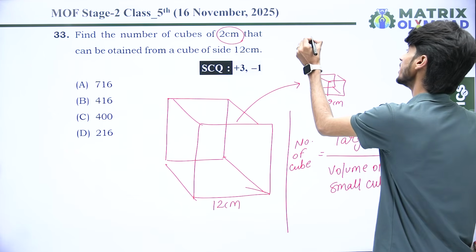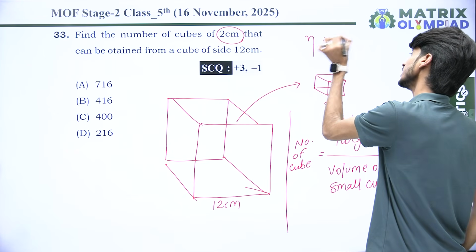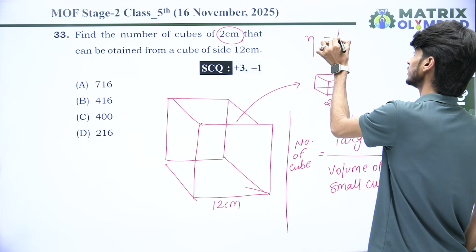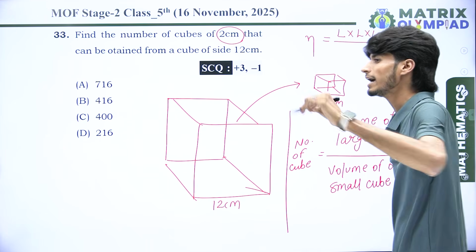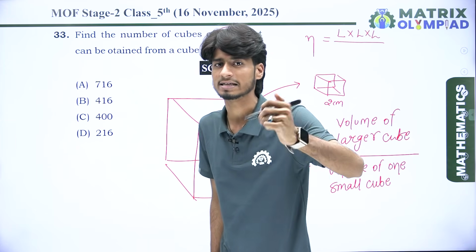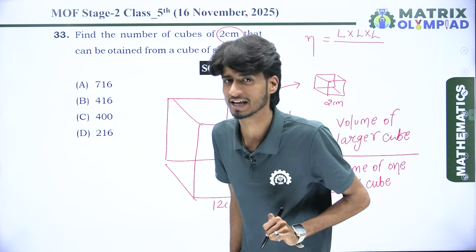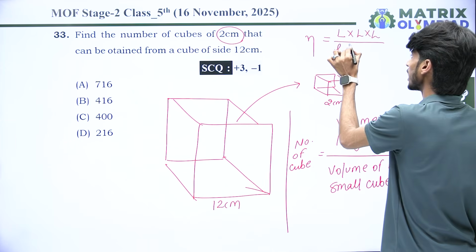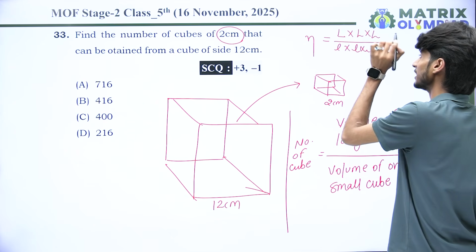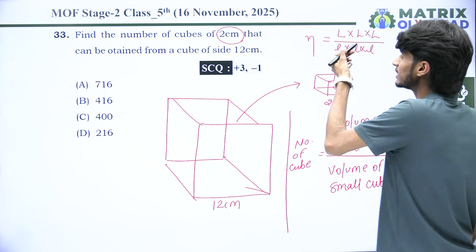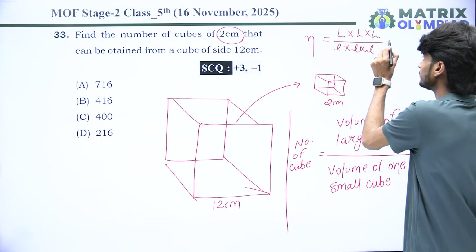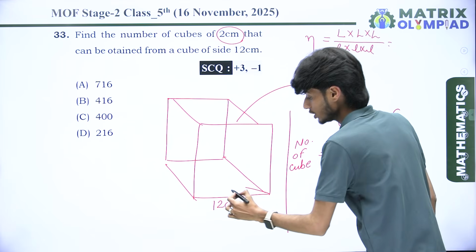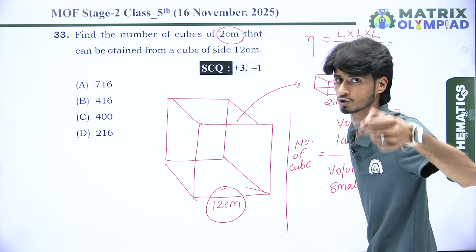That means the number of small cubes is equal to length multiplied by length multiplied by length, or side multiplied by side multiplied by side, because all 3 dimensions are equal. Then what is the measurement of the larger cube?